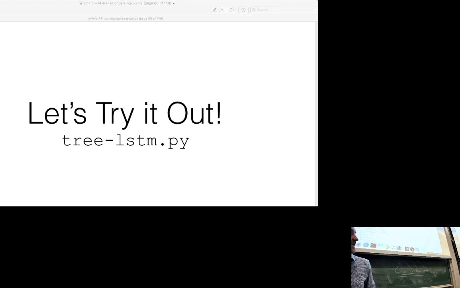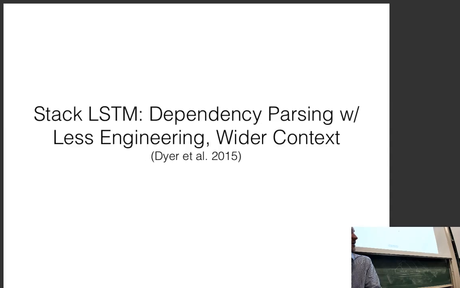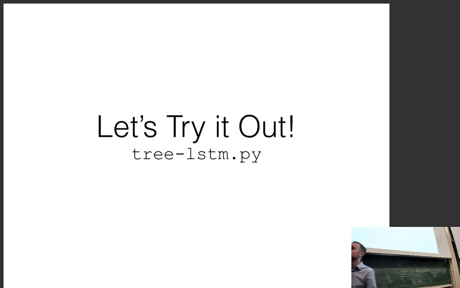Basically, you just have a recursive function that you call over a tree. In this case, I think we're using the NLTK tree reader to read in a tree. You just define a recursive function and you recurse down the tree to implement this. So this is maybe 35 lines of code, and you can see how you can do this. Okay. Are there any questions about tree-structured composition functions?